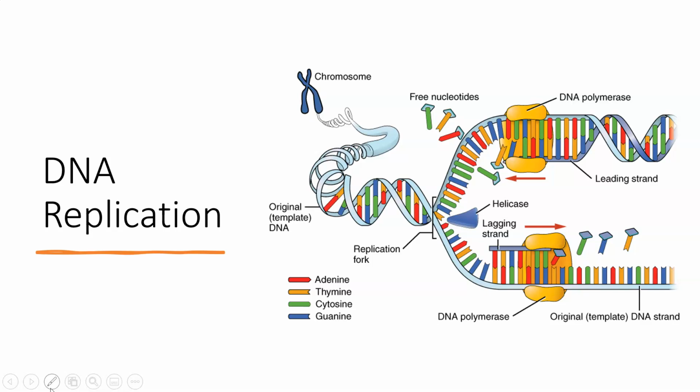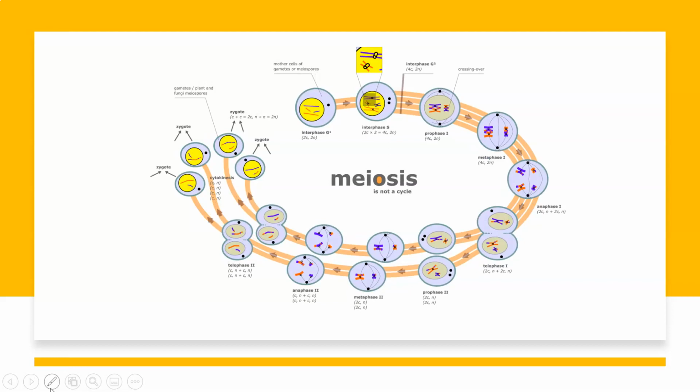DNA replication only has those enzymes, helicase and DNA polymerase, remember. It's semi-conservative. You always have a strand of the parent strand in the DNA that's then produced. As I said, it occurs during the interphase of meiosis.